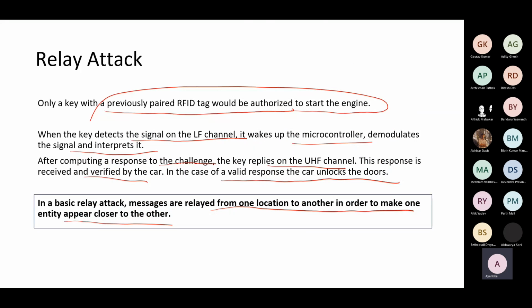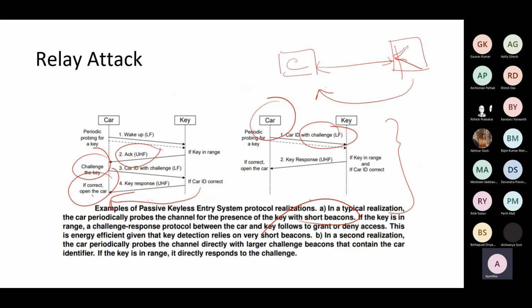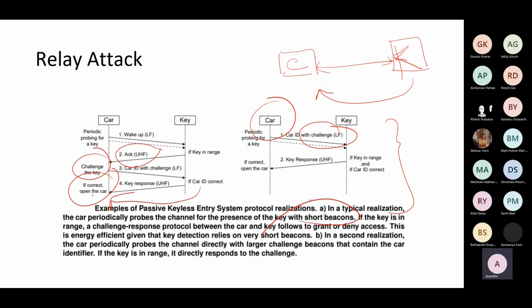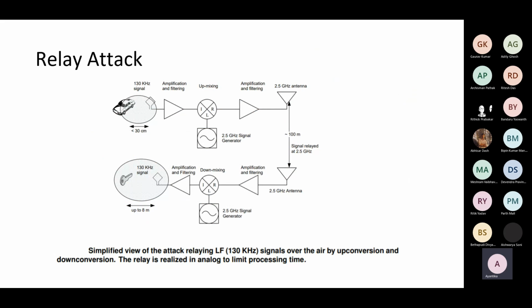But with a relay attack, there are some modifications we can make, so that the key is not in close proximity but in some distant place. You have your key in your pocket, but the car's beacon signal gets amplified and passed through some antenna, and it comes to the key.